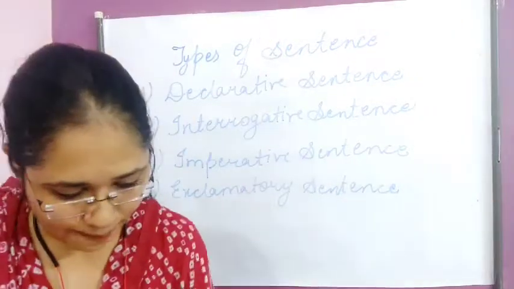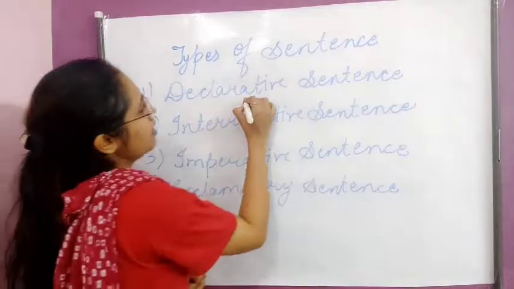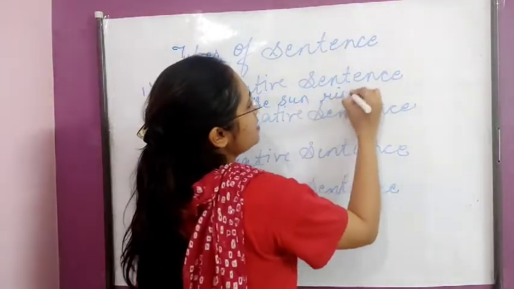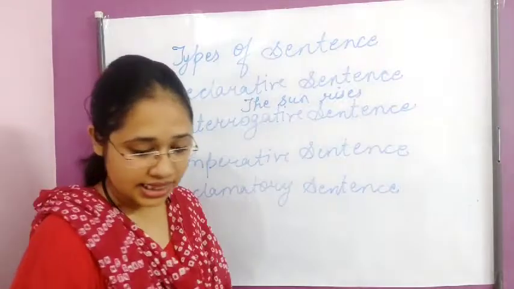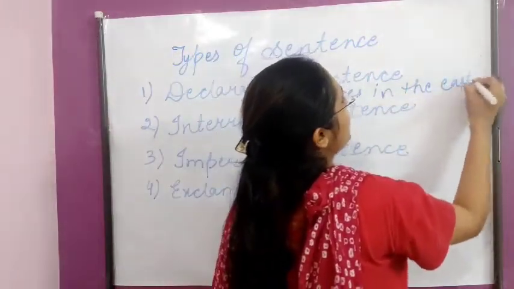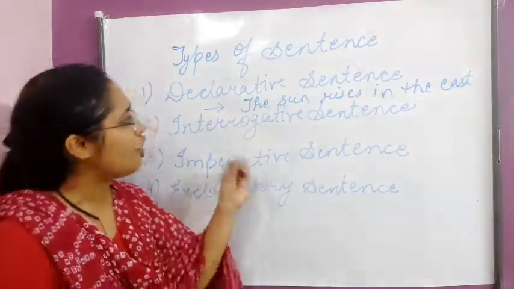For example, if I am saying "The sun rises in the east", that is a simple sentence that declares something, giving us some information.